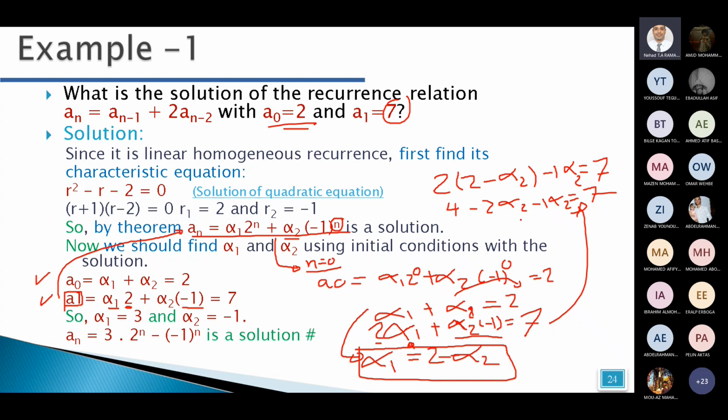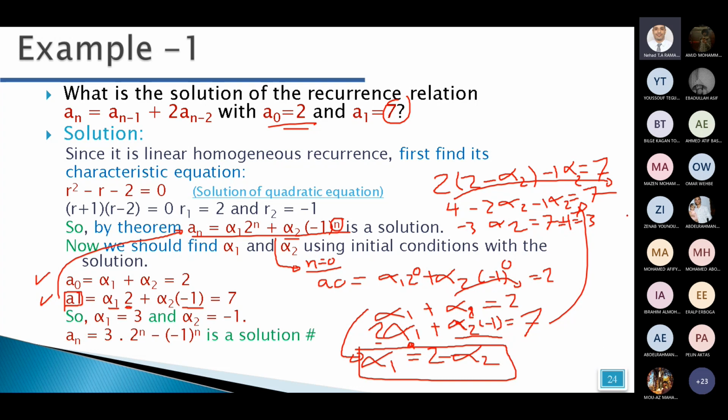From this, we get minus 3 alpha 2 plus 4 equals 7. Send it to the other side: 7 minus 4 equals 3.